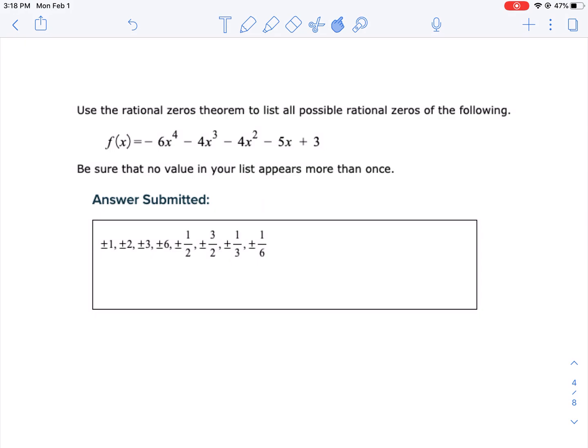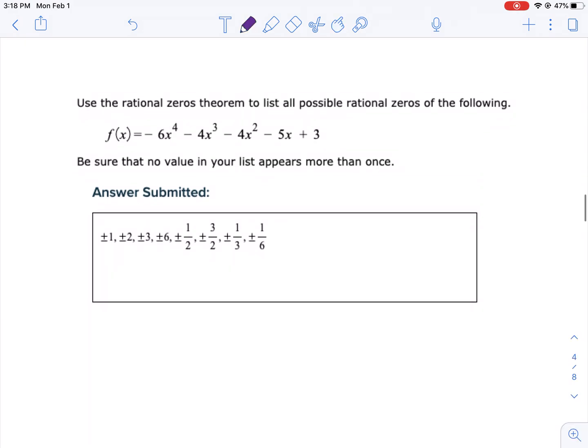Okay, this one you had some of them right, but you had other roots in here that were not true. The factors of p over the factors of q. Well, the factors of 3 are plus or minus 1 and plus or minus 3. The factors of q are plus or minus 1, plus or minus 2, plus or minus 3, plus or minus 6.